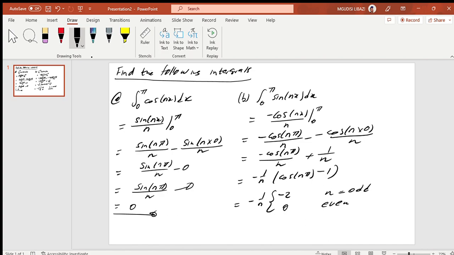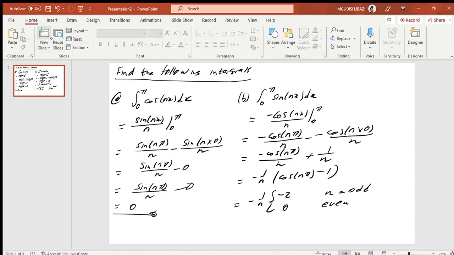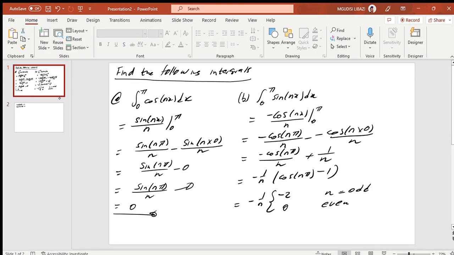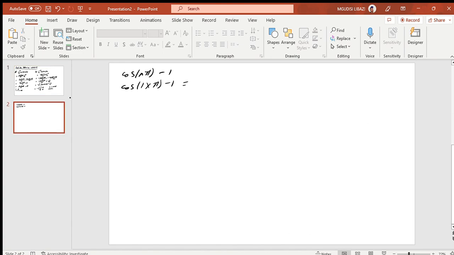So how can you say this? You have cosine of n pi minus 1. So when we put 1 times pi there, we get cosine of pi, and then minus 1, and that should give us a value of negative 2.